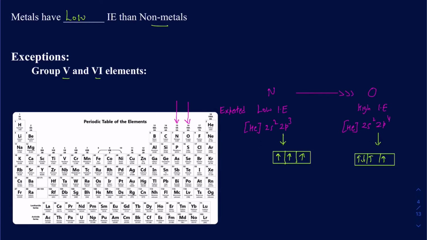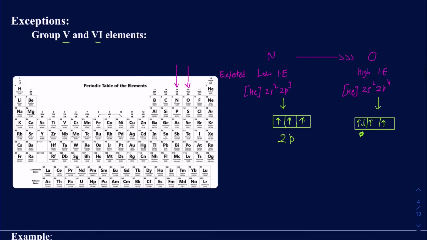You've got this extra electron there that can be easily removed, as compared to removing an electron from this half-filled 2p subshell in case of nitrogen, because this particular arrangement that we already have in nitrogen is going to be more stable. It's going to be harder to remove an electron.